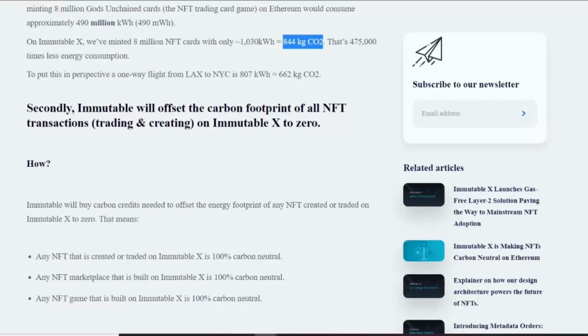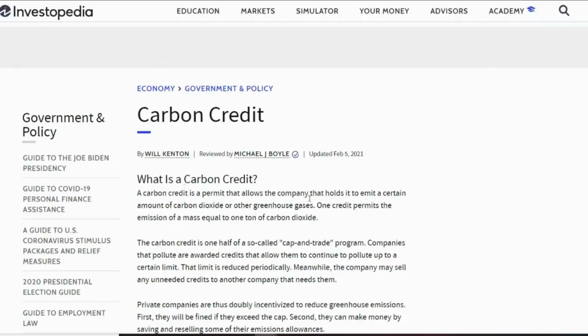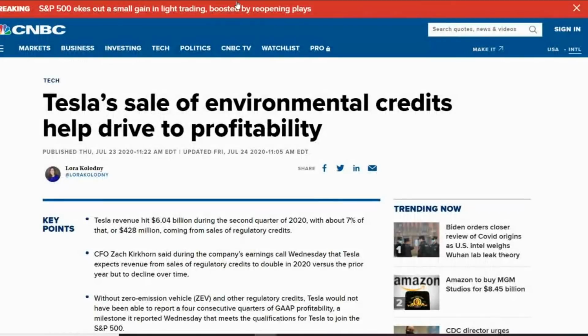So this is exactly how Tesla works. Carbon credits are essentially a credit signified by the amount of carbon that you're allowed to emit, and you can sell those credits to other companies.